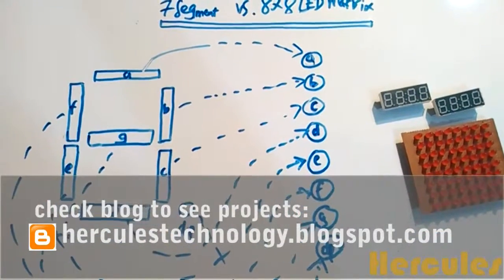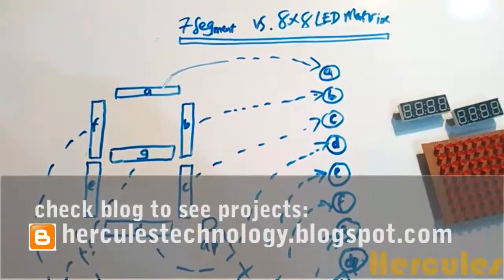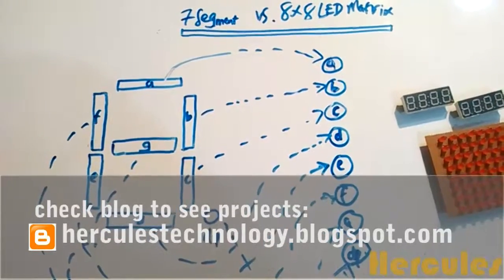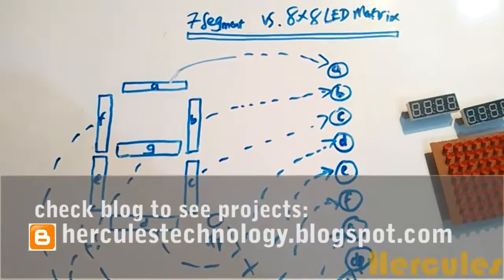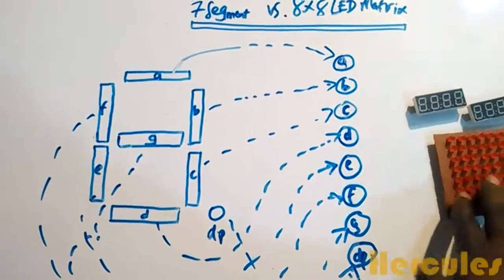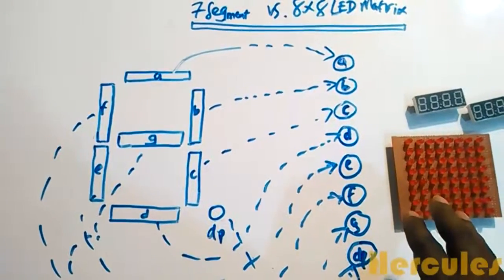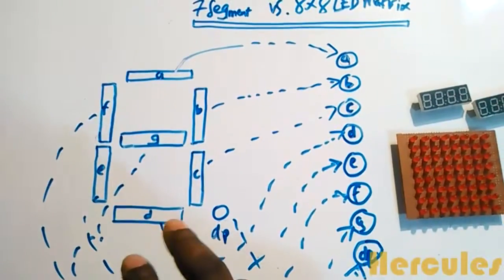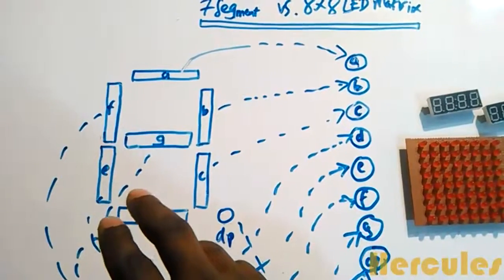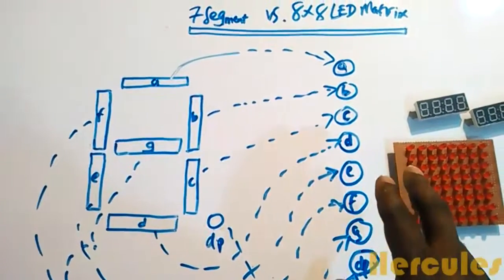You should understand the reason for this comparison is that most of our 7 segment codes, which we'll be writing with our Arduino C, will be the same code we'll be using for our 8 by 8 LED matrix. So the same display concept that works for a 7 segment LED will work for an 8 by 8 LED matrix.